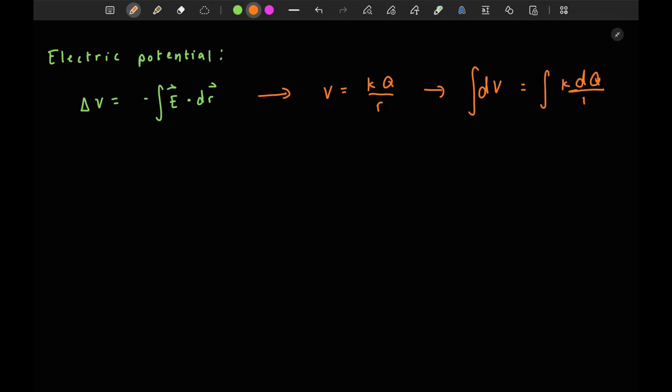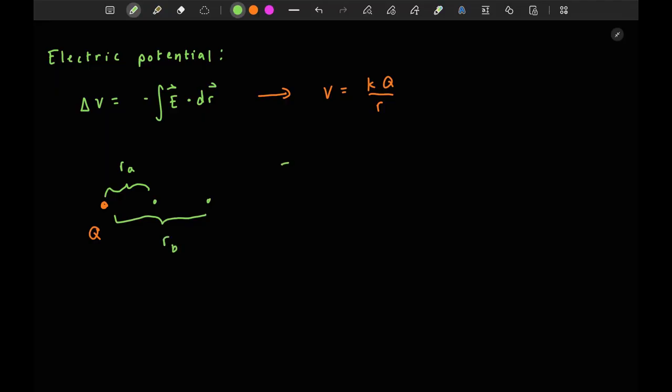So let's begin by deriving the point charge formulation. We're going to consider a point charge, capital Q, and find the potential difference between a point at distance RA to a point at a distance RB. To begin with, we know that the electric field of a point charge is KQ over R squared, R hat.